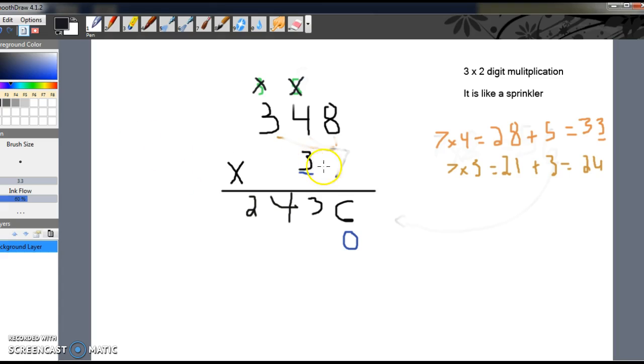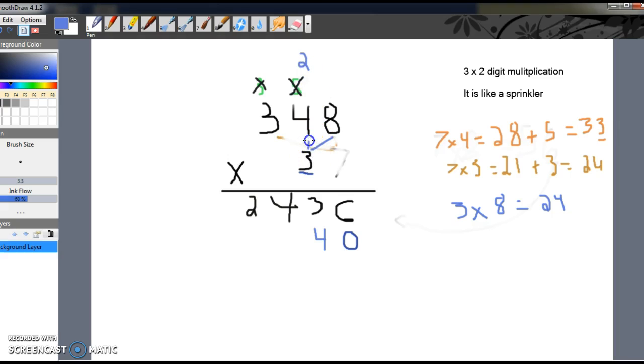But now I'm looking at this 3 out of the 37, and I go back to the beginning. 3 times 8. 3 times 8 is 24. The 4 goes down here in my first place value, and the 2 goes above here.